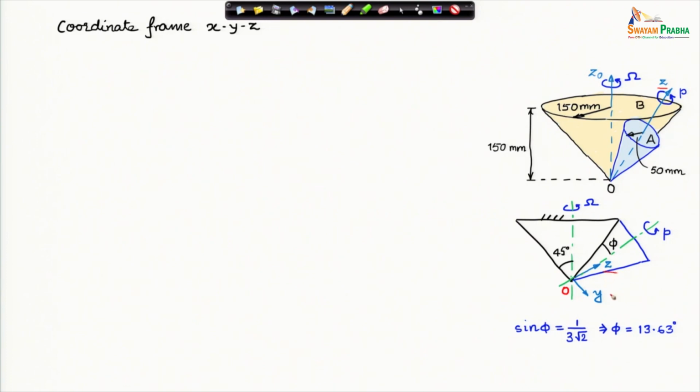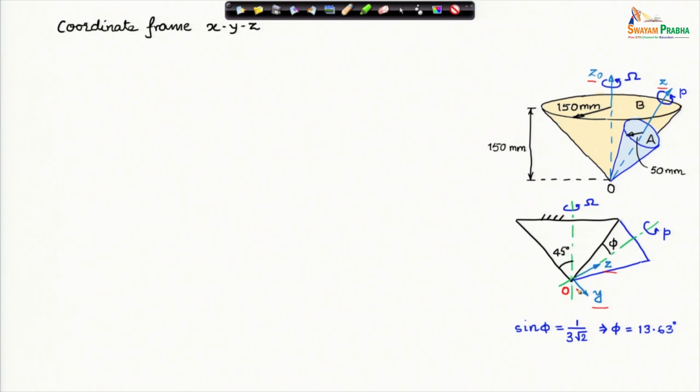This is the z axis, which is the axis of spin, and y axis is perpendicular to the z axis, but in the plane formed by z and z naught. Z naught is an inertially fixed direction, which is the axis of the fixed cone, and x therefore must come out of the plane of the screen. It is perpendicular to y and z.